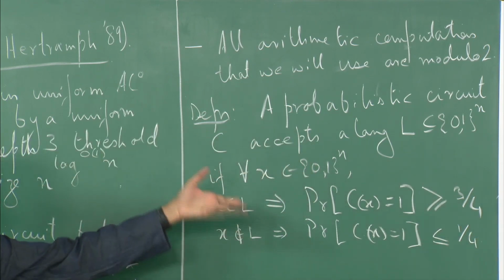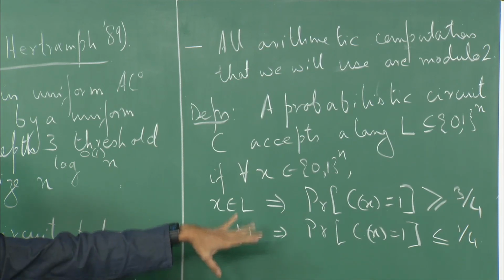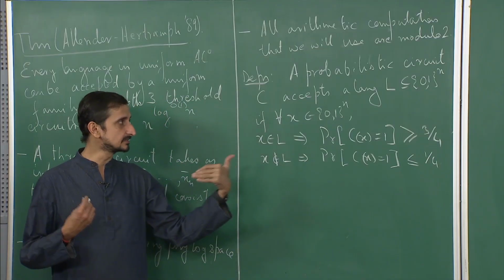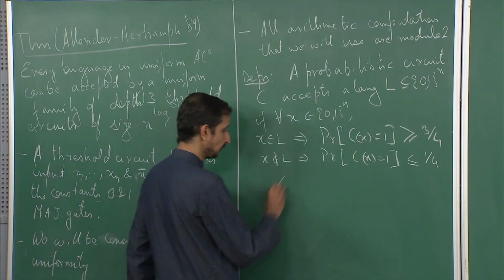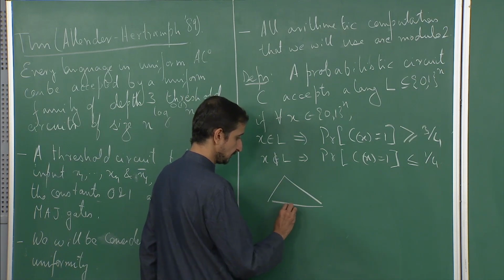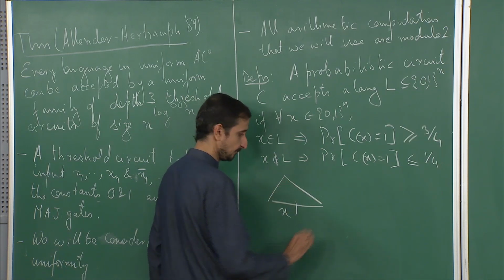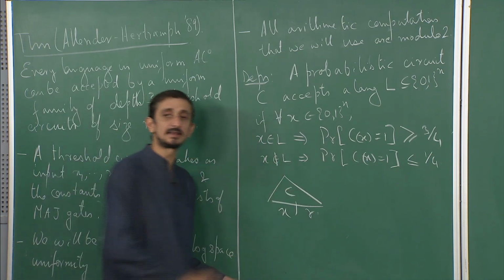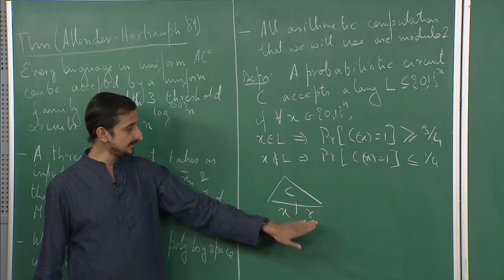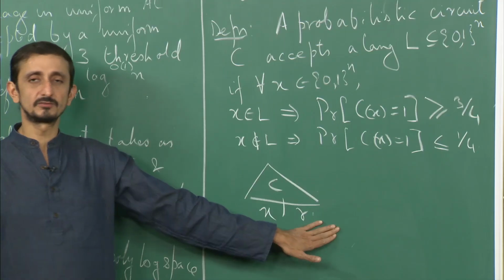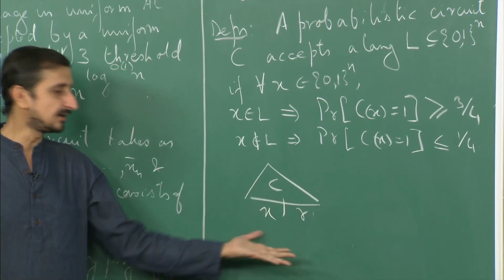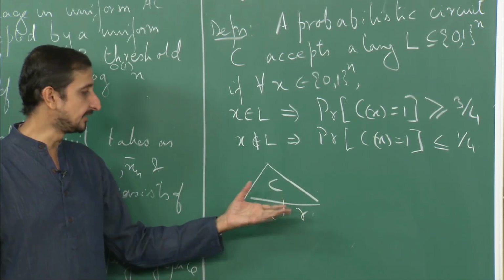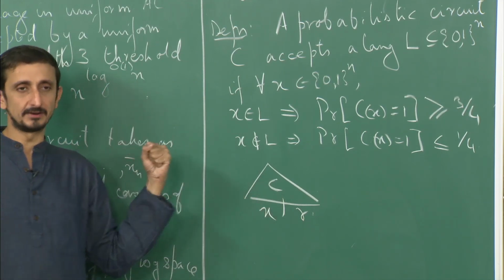This is again what is called a two-sided error circuit, and this probability is over the choice of random string. This circuit, in addition to its input x, takes some random bits, and this probability is over all choices of this random string. How many random bits are used, the size of this random string, will be a parameter for us.